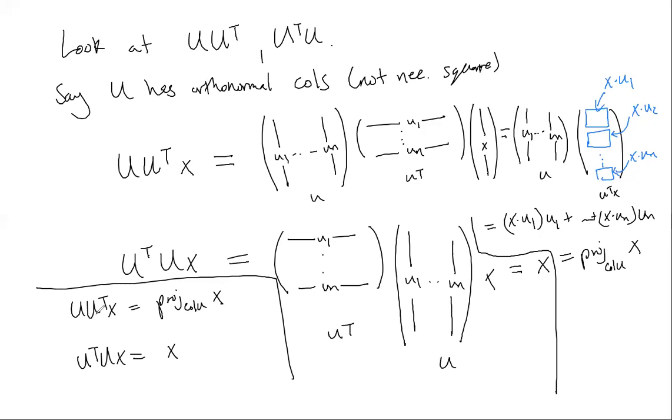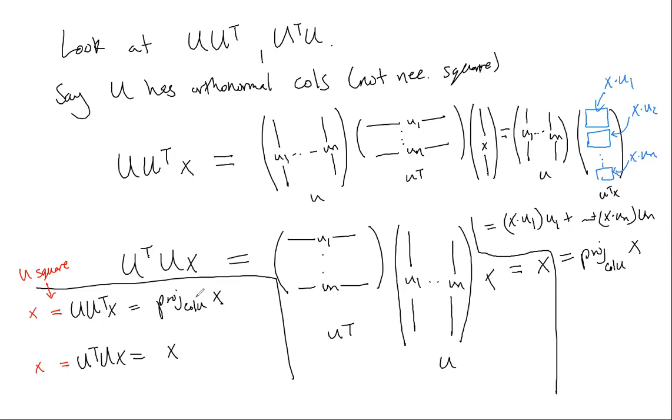And if u is square, then both of these are equal to the identity matrix. Well, this is always equal to the identity matrix, but this top one's equal to the identity matrix if u is square. And what we're saying is that should equal the projection onto the column space of u.